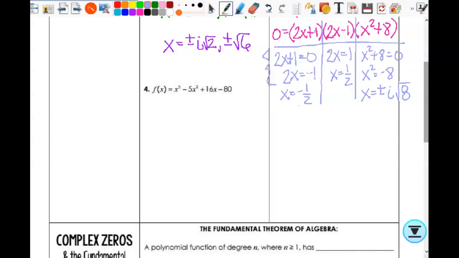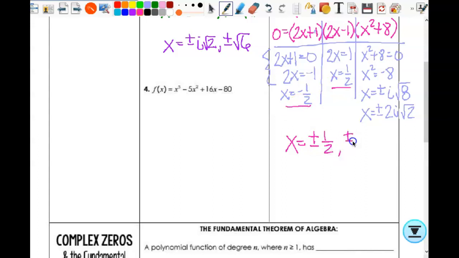What does the square root of 8 simplify down to? Good, 2 square root of 2. So I would write this as x equals plus or minus 2i times the square root of 2. Okay? We good on that? So when I list them all out, I would say x equals, now I can list these 2 separately, but I could also say plus or minus 1/2, that's fine.